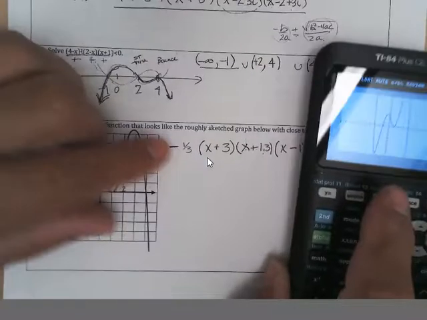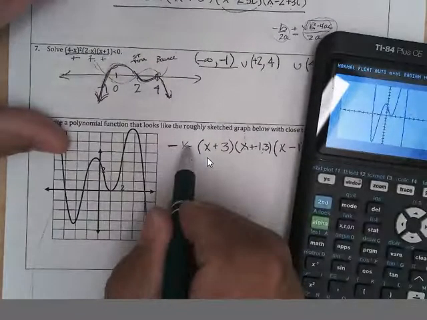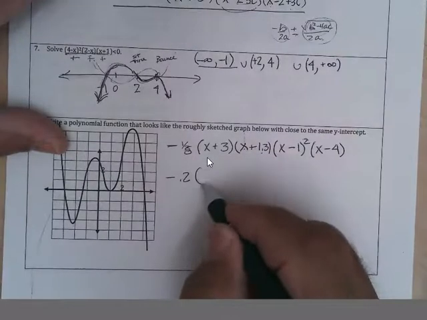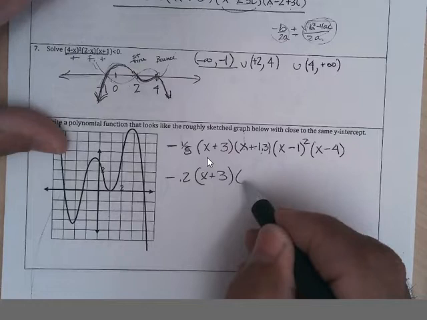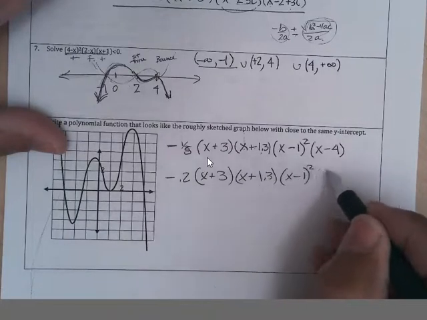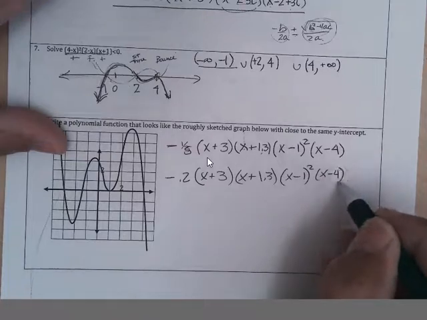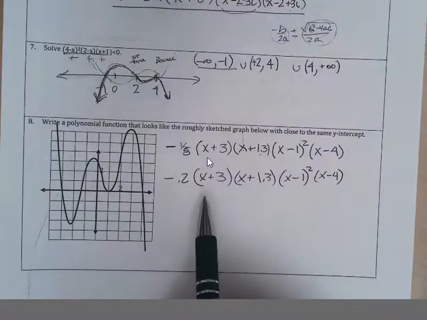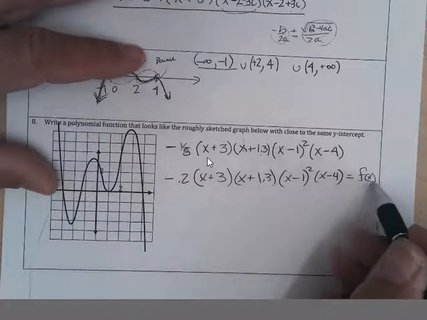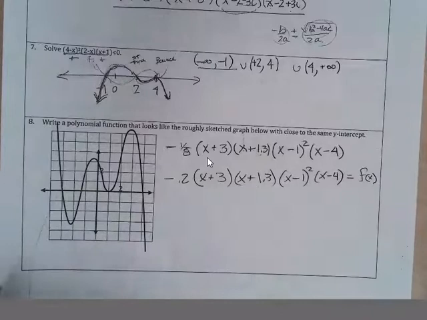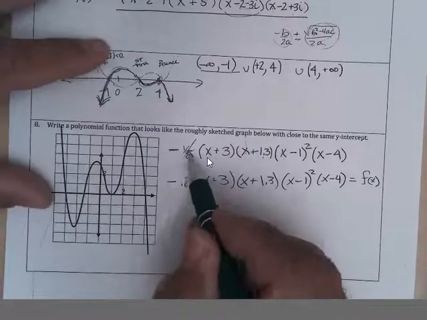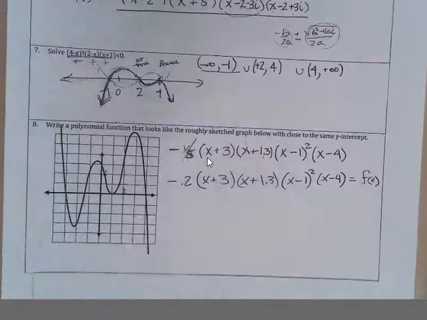So 1/5, or 0.2, minus 0.2, something close to that, times x plus 3, x plus 1.3, x minus 1 squared, x minus 4. There'd be a lot of work to multiply this all out, but this is a polynomial in factored form, and this is what I would use for my f of x. 1/5 would work. Okay? All right.